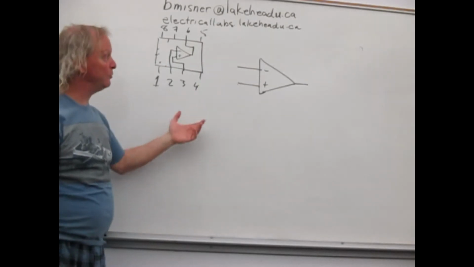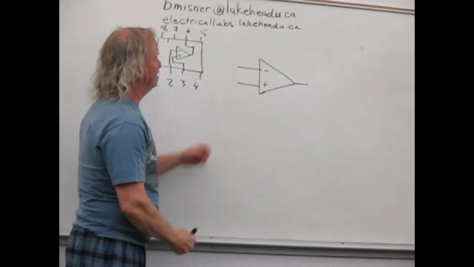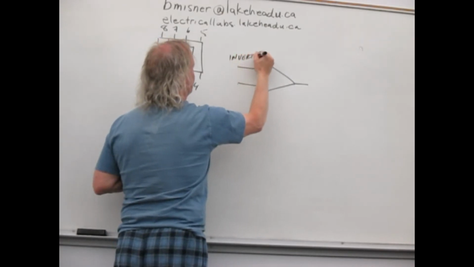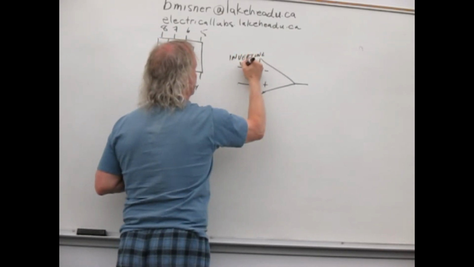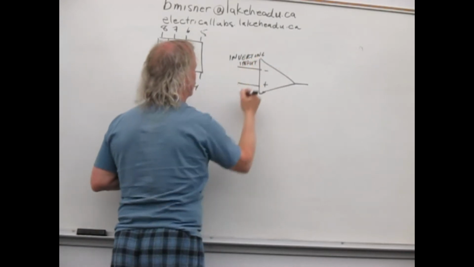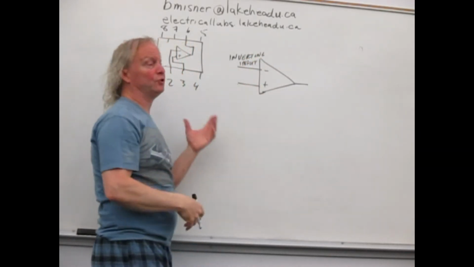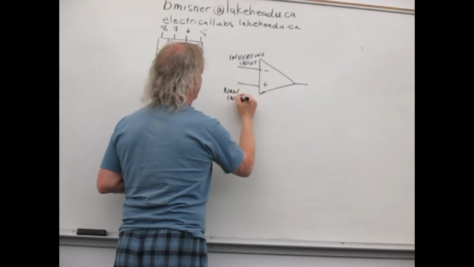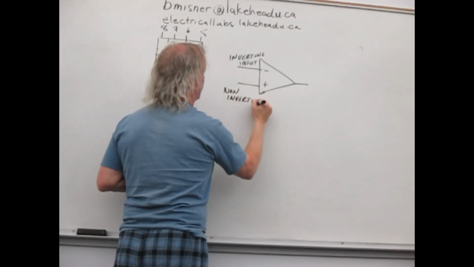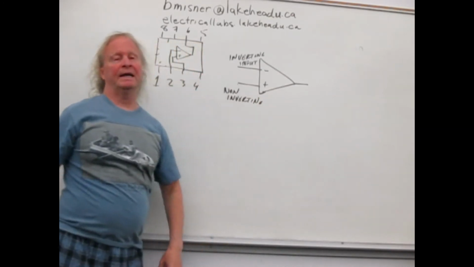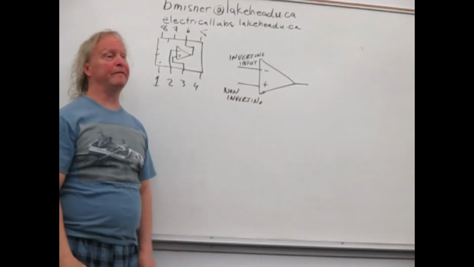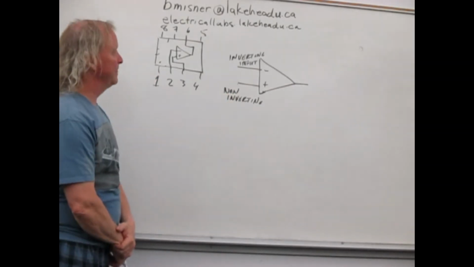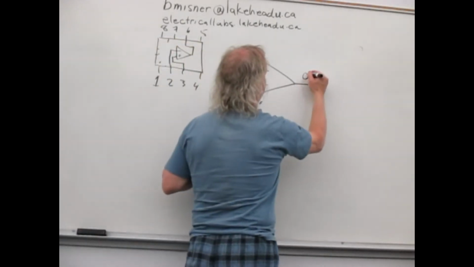The negative says it's an inverting input. And then the positive is the non-inverting input. Depending on how you use the amplifier, you might use one or both of these different inputs, and then this is your output.